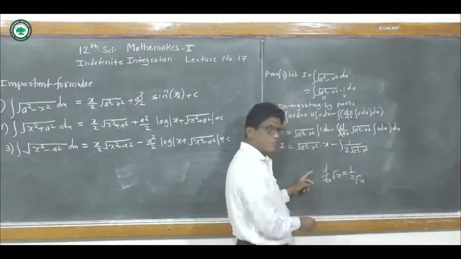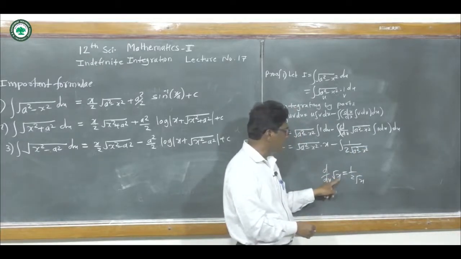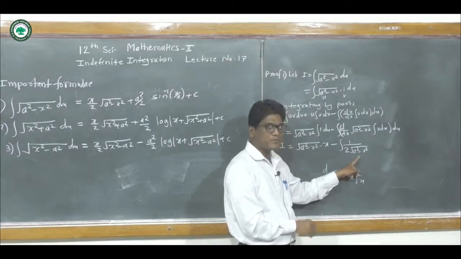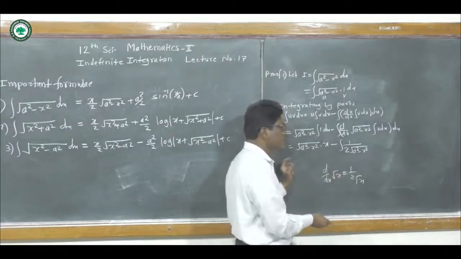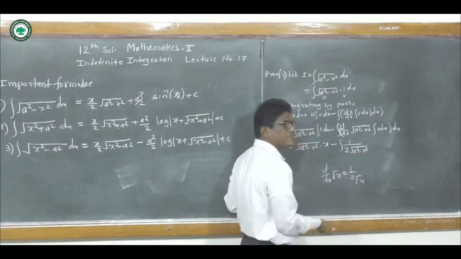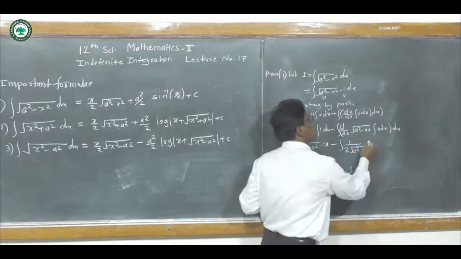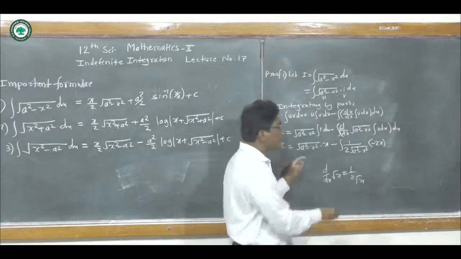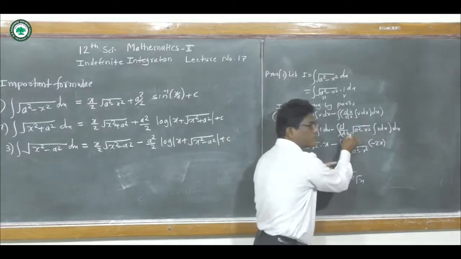Now here we use the formula d by dx of root of x, but in place of x there is a square minus x square. So take the derivative of a square minus x square again. Derivative of a square is 0 and derivative of minus x square is minus twice x, and multiply by minus twice x here. Get it? We take the derivative of this root.